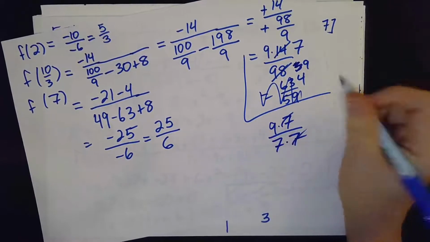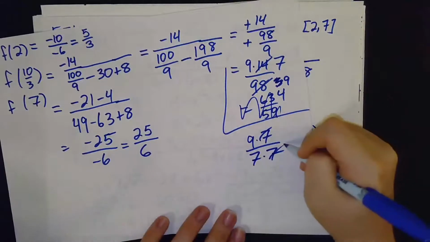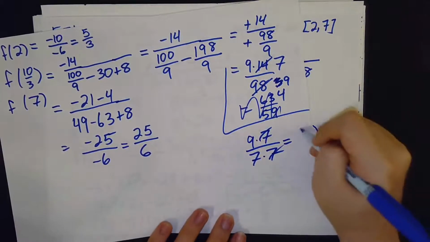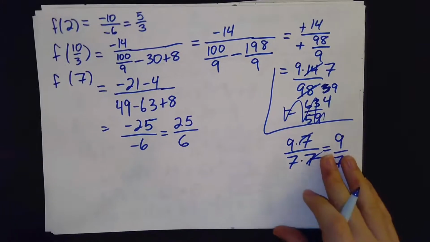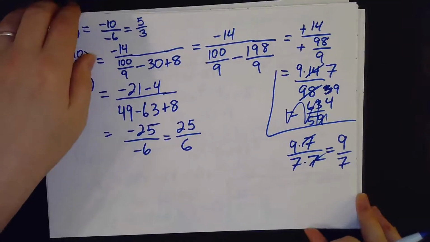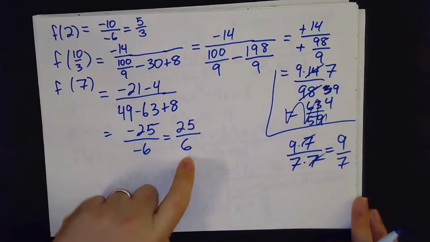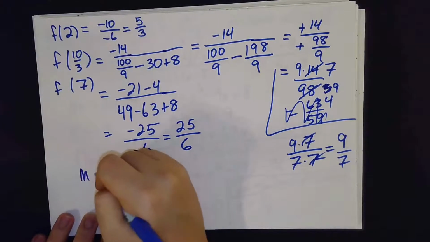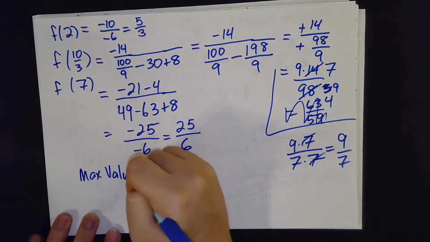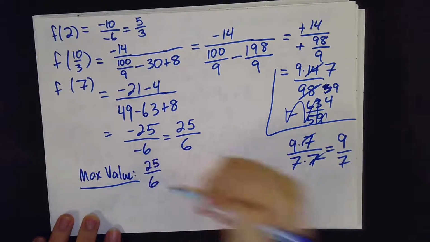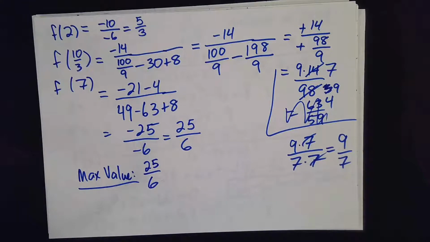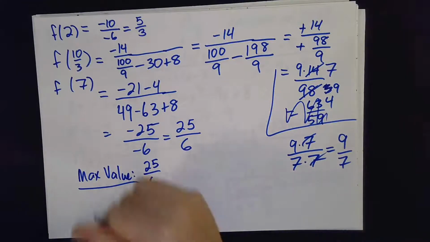Okay. So in fact, f of 10/3 was 9/7. Sorry about that. Okay, so this is by far the biggest. And then this one is the smallest.